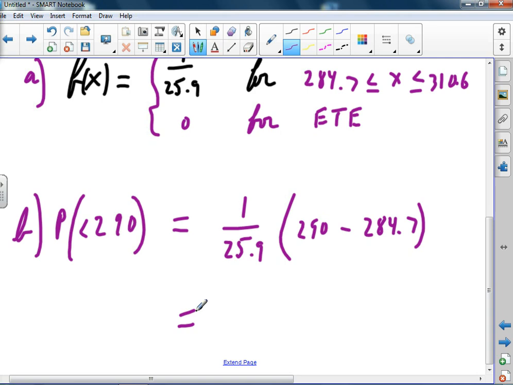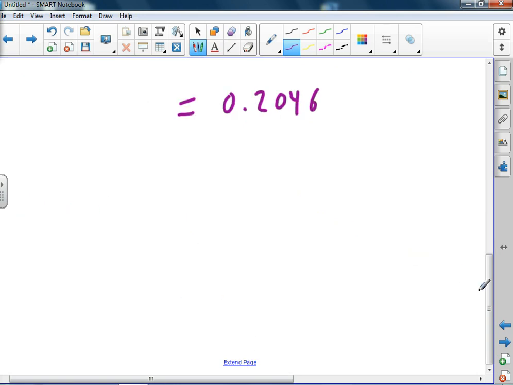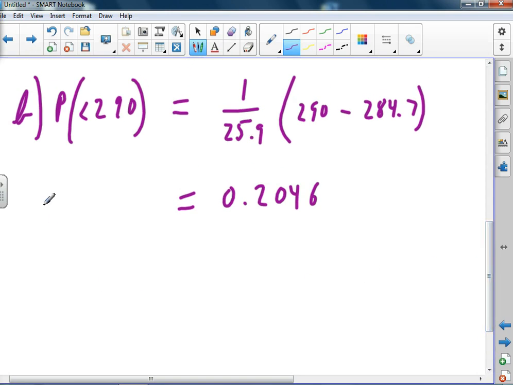Boom. 0.2046 or thereabouts. So one of 100 guys is going to be down that way. That's probably going to be me. No, I don't golf.